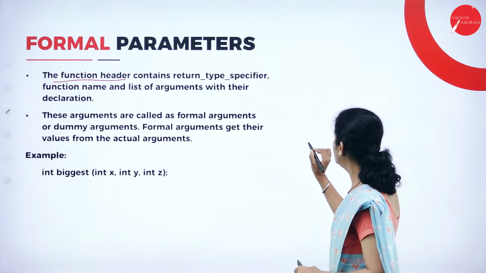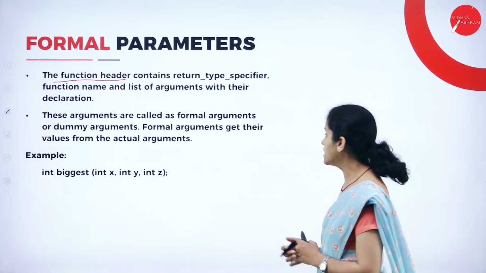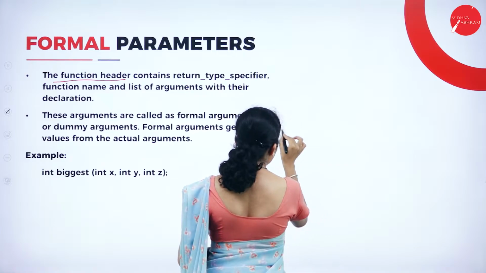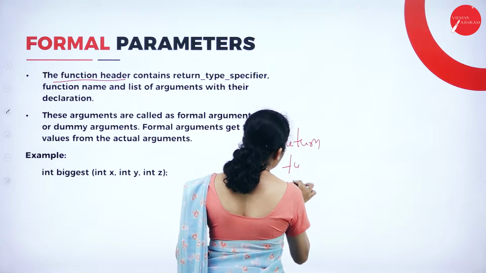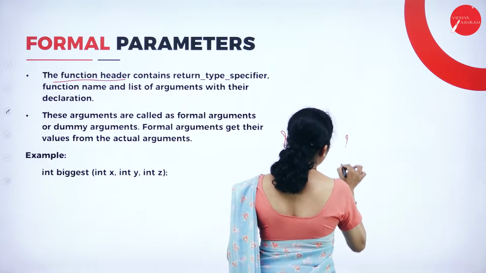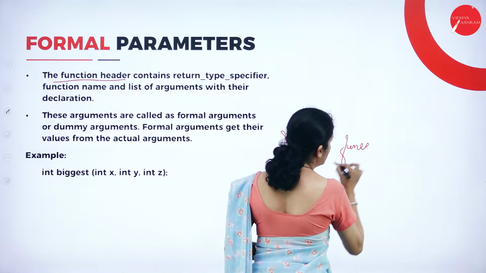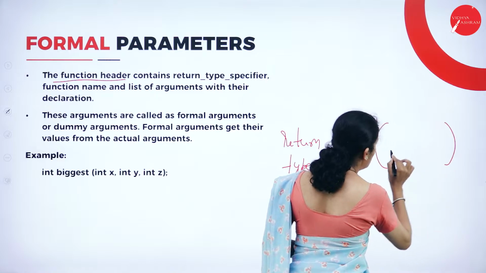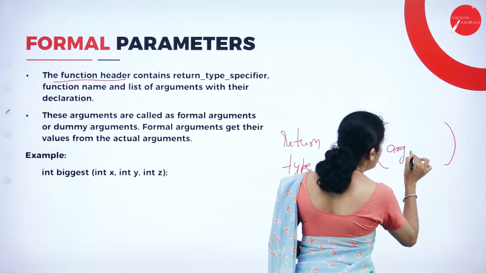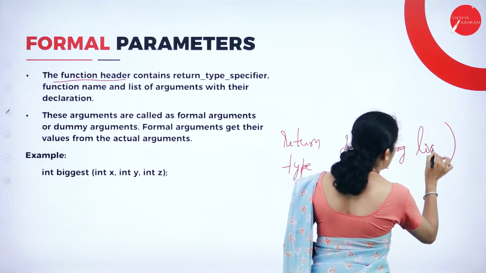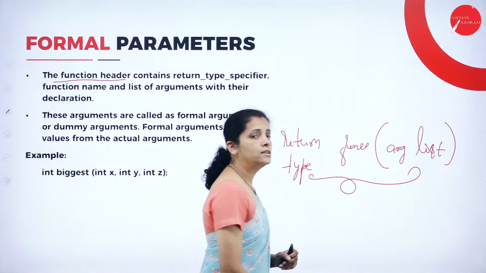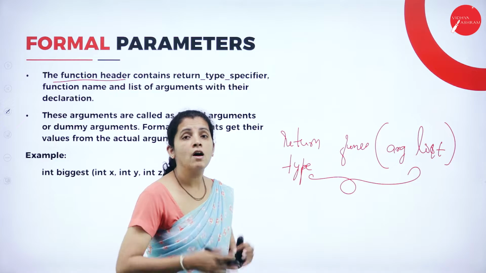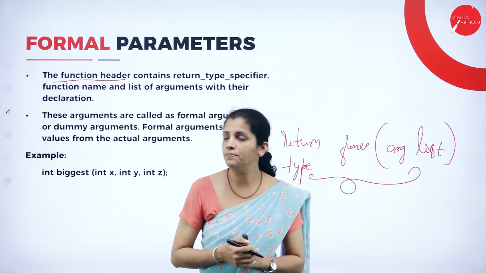Now let me consider the syntax here. I'm going to have the return type, then the function name, along with that the argument list, and all these three together are referred to as the function header.